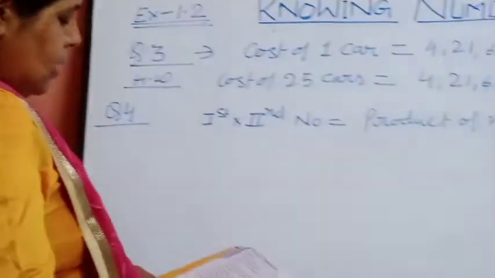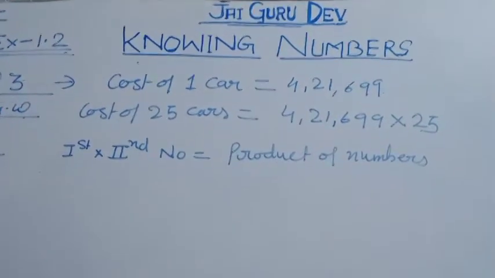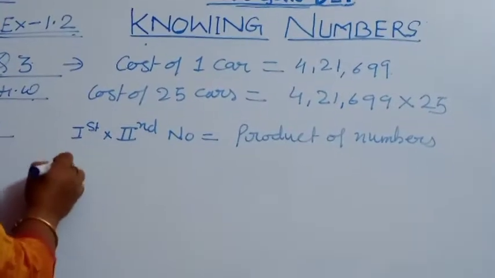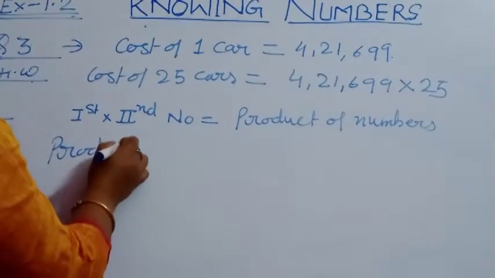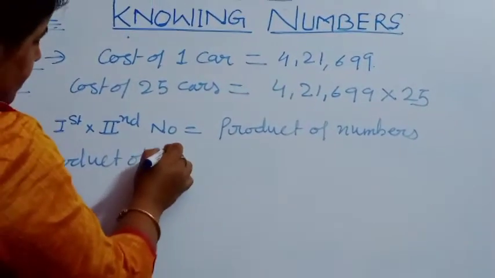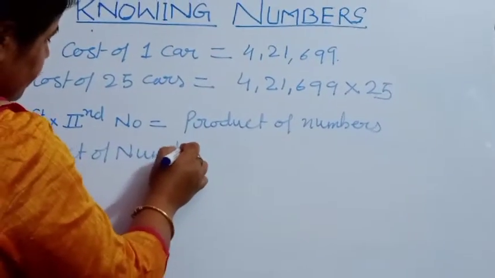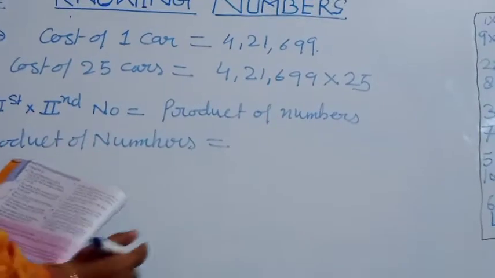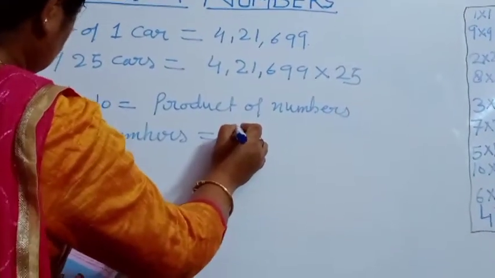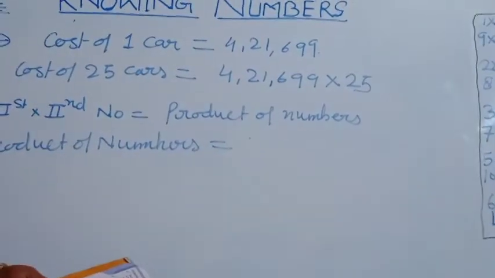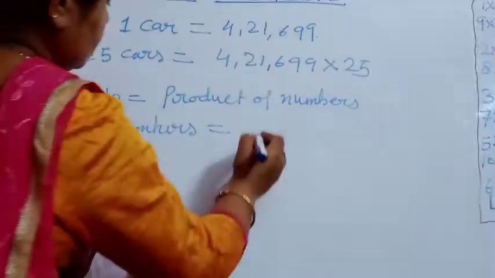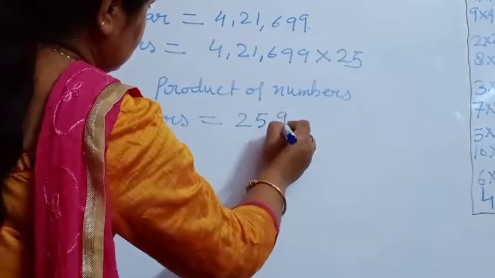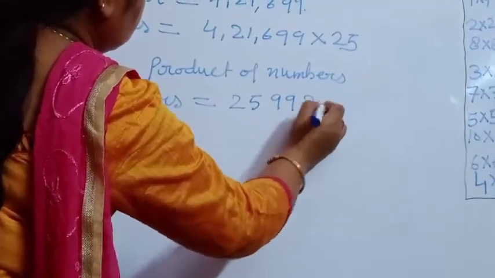Okay. Here in your question you have been given the product of two numbers: product of numbers is equal to 259920.